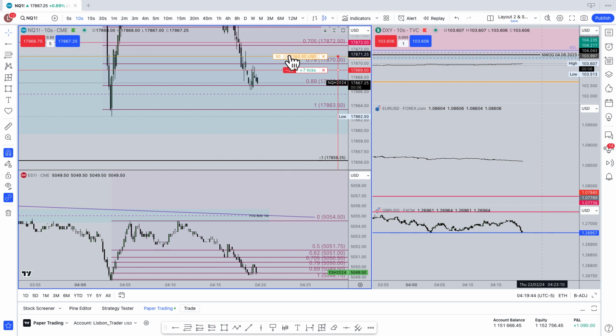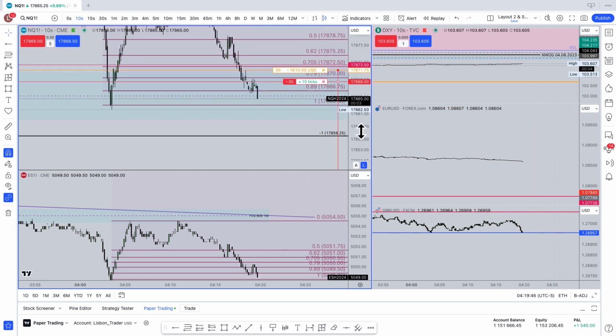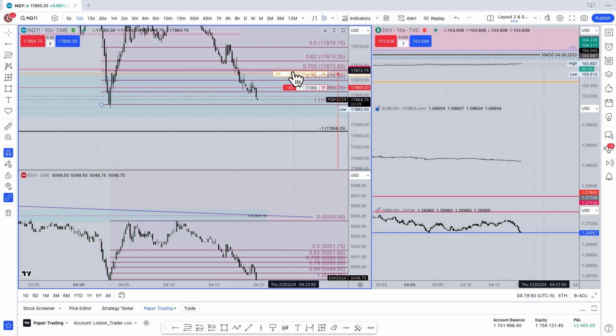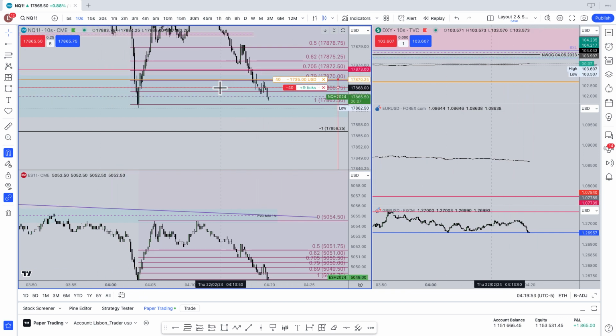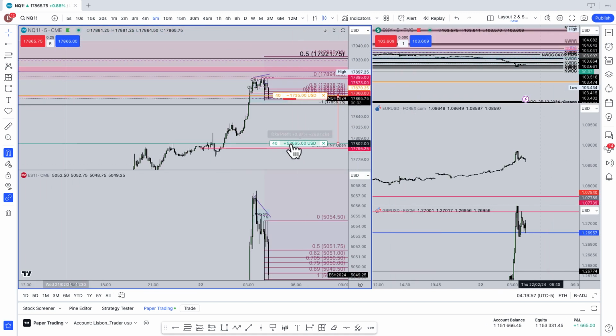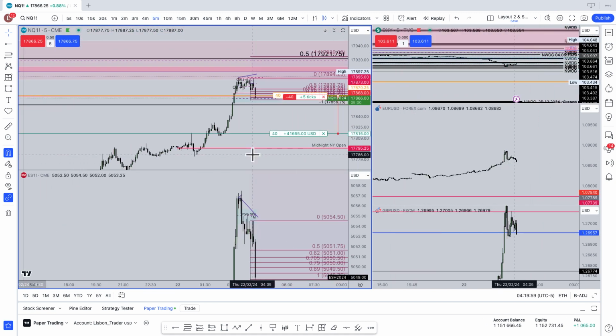So risk is now 2K, pushing some more on top of it while we move lower to be able to have some meaningful contracts to recoup this account.